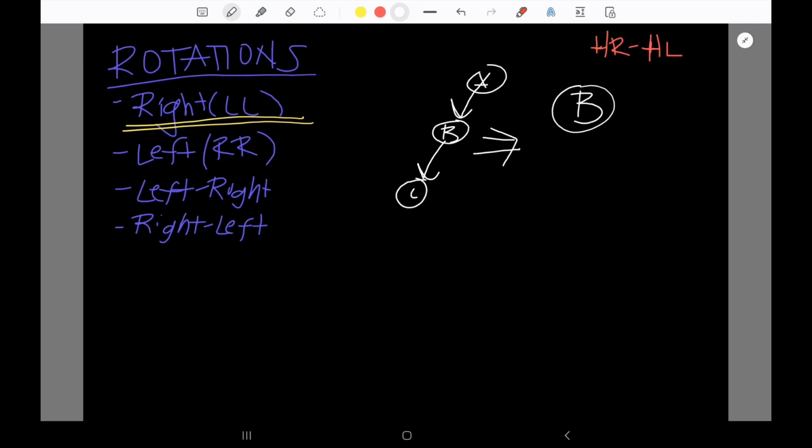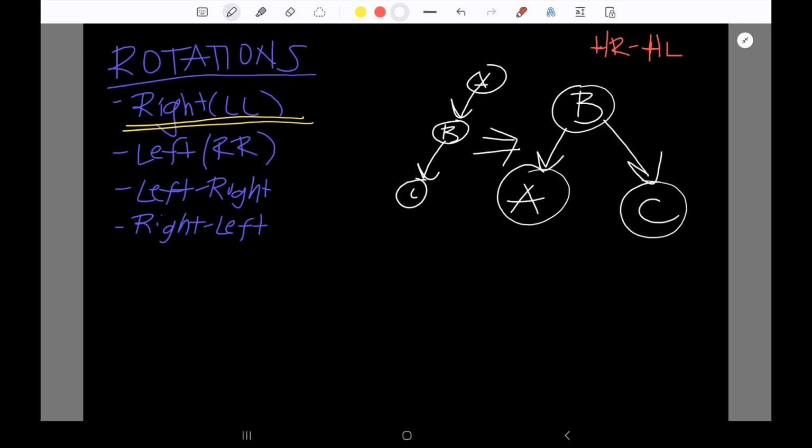B is the new root, but how are we gonna identify which goes left and which goes to the right? It depends. But I'm just using letters here for placeholder, and we're gonna have examples with values to help you understand. So we're gonna put A here, and we're gonna put C here, right?